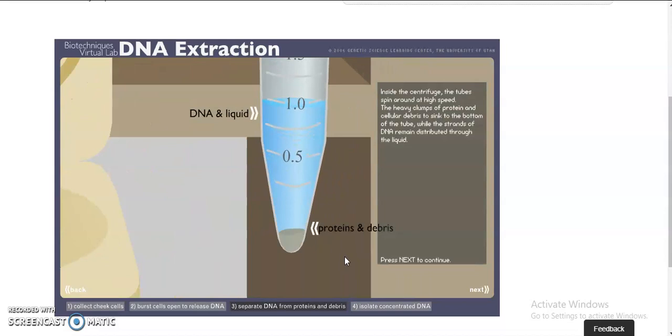Inside the centrifuge, the tube spins around at high speed. The heavy clumps of protein and cellular debris sink to the bottom of the tube, while the strands of DNA remain distributed through the liquid.